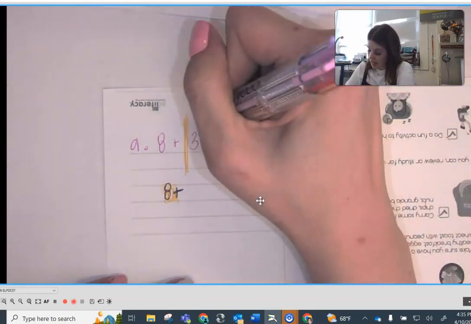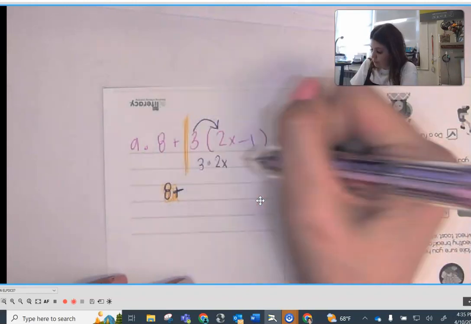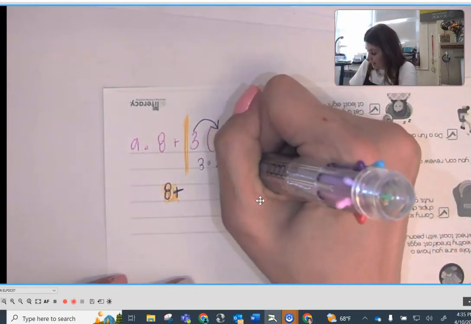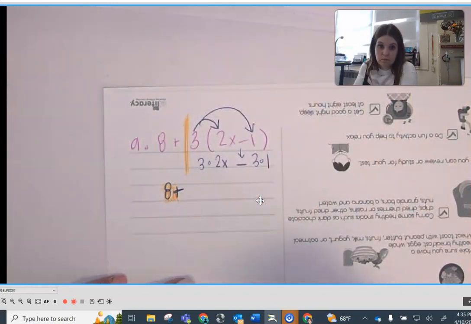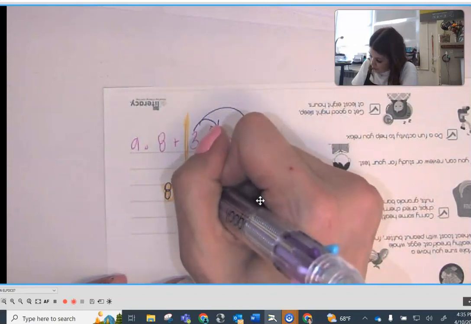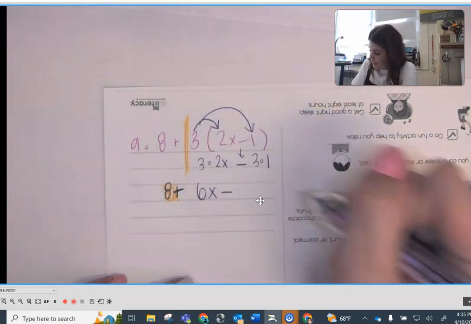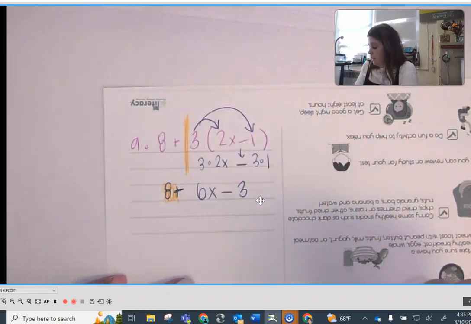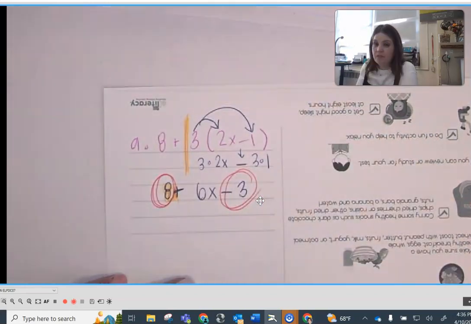Now on this side, I'm distributing in the 3, so 3 times 2x. Bring down the minus. 3 times 1. 3 times 2x is 6x. Keep the minus. 3 times 1 is 3. And now what I have to combine is this 8 and this negative 3.